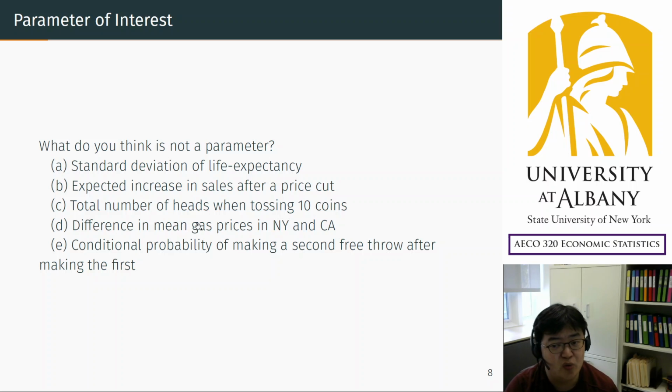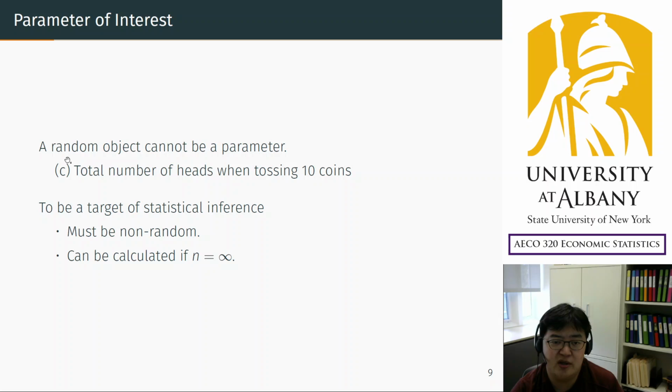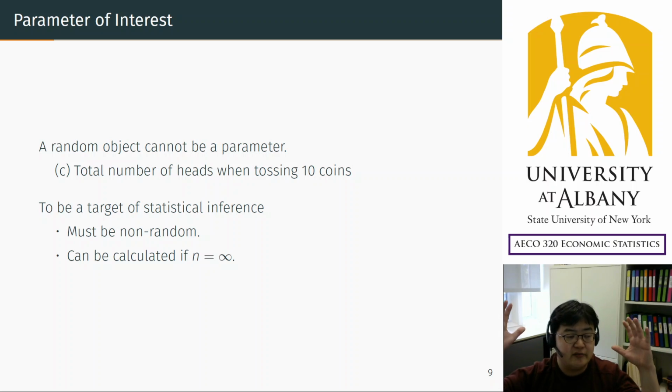But you only observe a finite number of free throws. Even though that is large, it's still finite. So, as I said, the point here is that the parameter must be non-random, and it must define the population. You have to think in terms of the population. It must be calculated from the population.